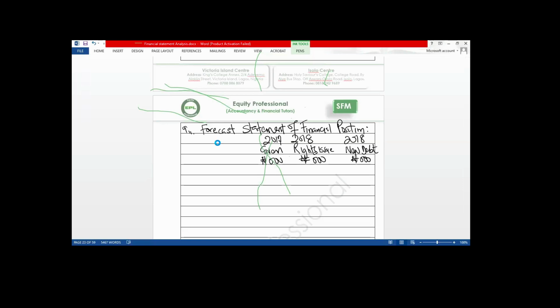We now go back to the question. We are now going to start paragraph by paragraph to address this question. Paragraph 1, there's no calculation involved. Look at paragraph 2.